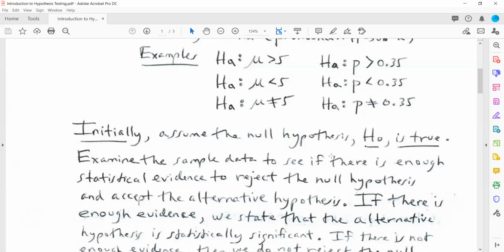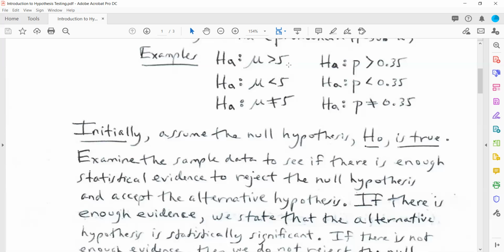And then we want to determine the following. We want to determine if the sample statistic is sufficiently far away from the proposed population value that we think it's highly unlikely that that sample statistic came from a population parameter that's stated in the null hypothesis.